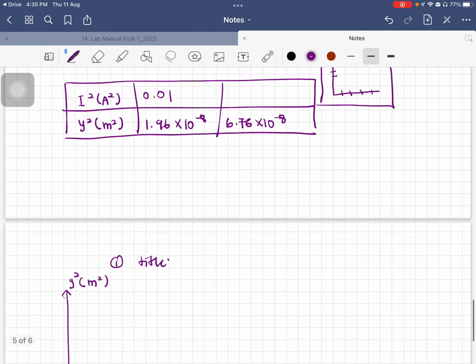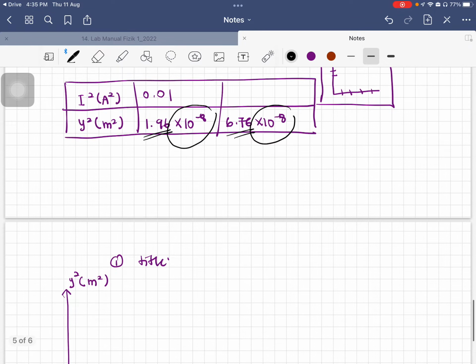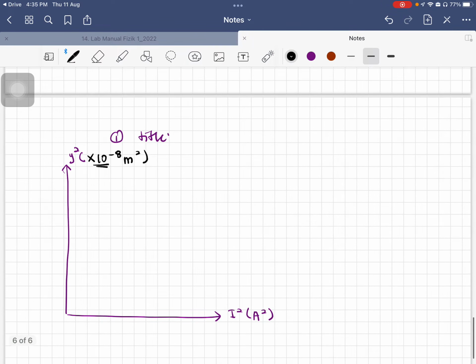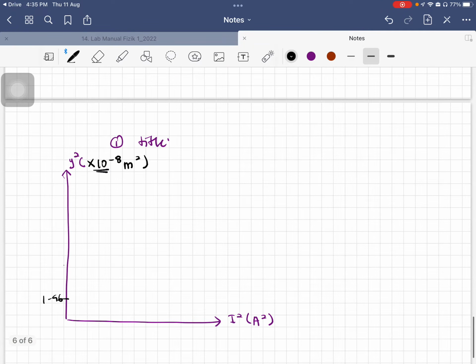For y square, most of the values will be multiplied by 10 to the power of negative 8, so we will use these values to plot later. You just put it here as times 10 to the power of negative 8 meters square. But in calculation, don't forget this. You will be plotting as 1.96 and here 6.78.